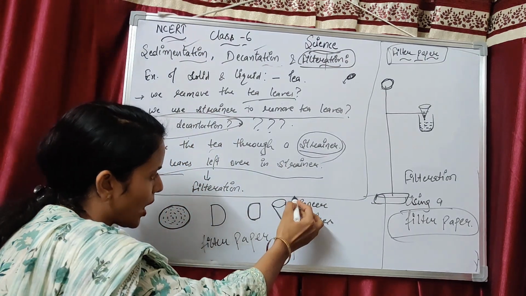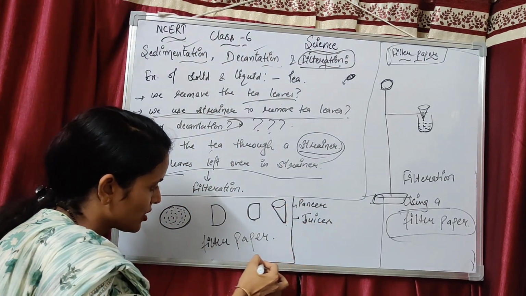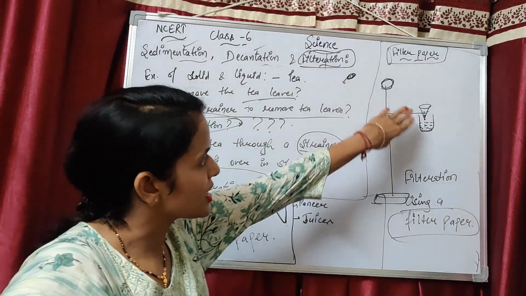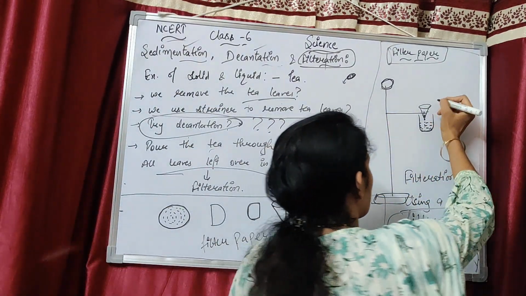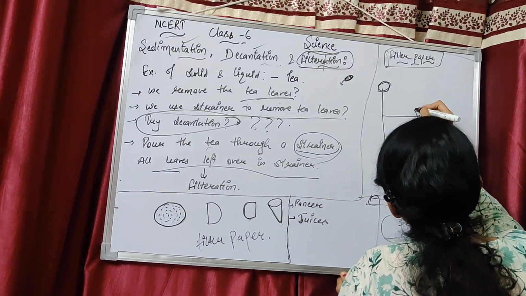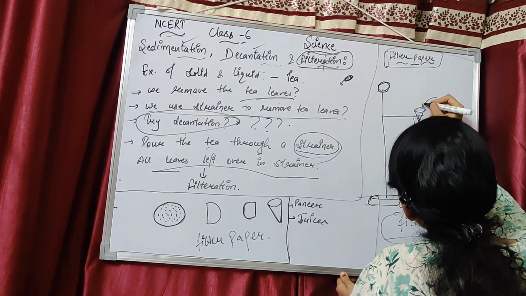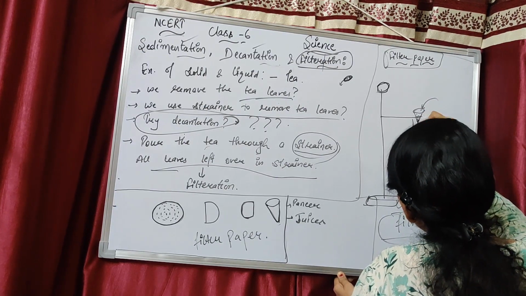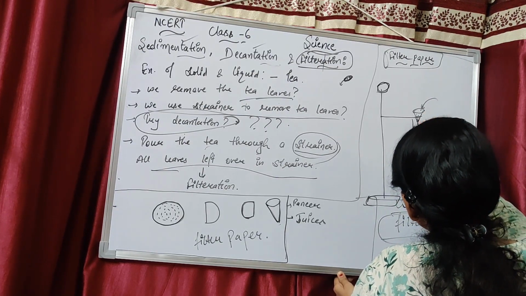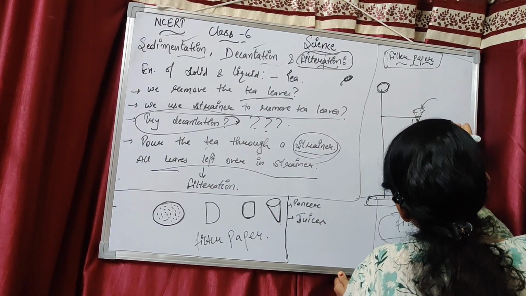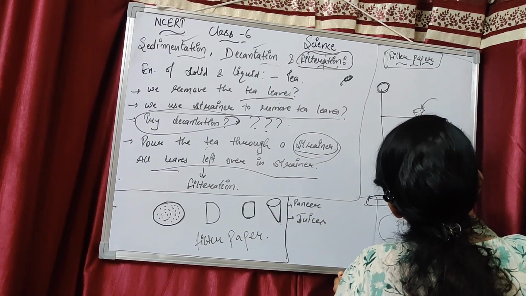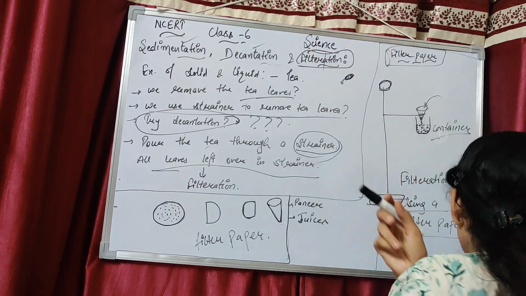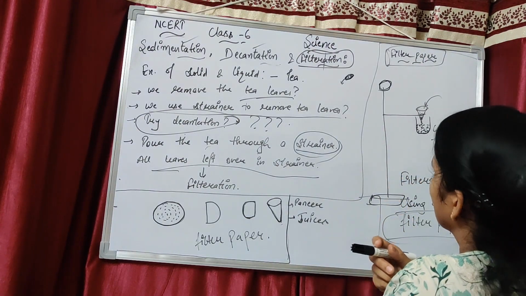This is the proper method to use the filter paper cone in our lab. When any mixture is passed through this filter paper, the impurities are left on it, and only the pure solution is left in the container.